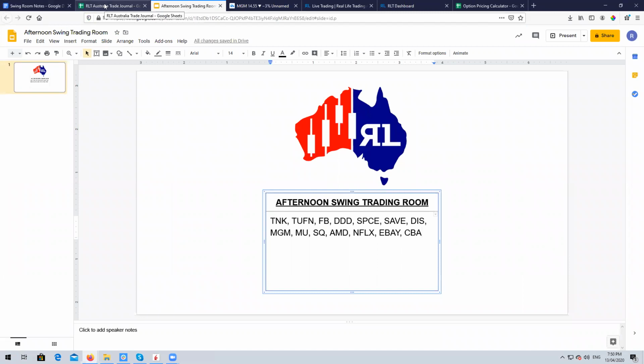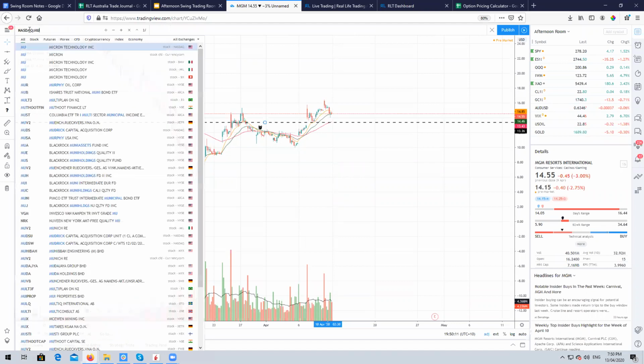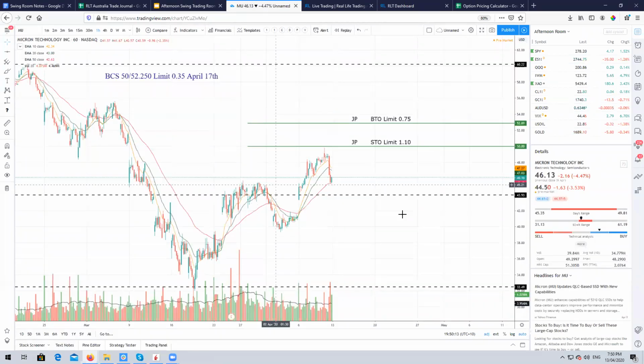MU. So we've got a few more stocks left to go, guys. MU. So JP, you'd be happy about this particular spread. I did mention that we would most likely reject this level, and we're gapping down once again.